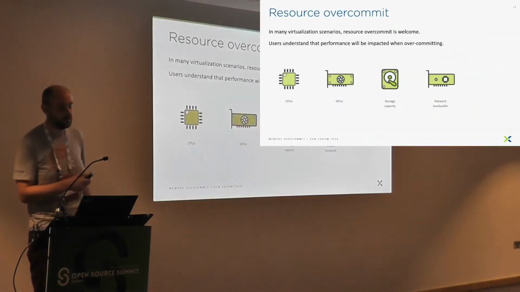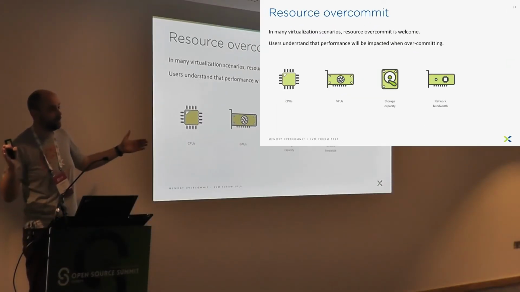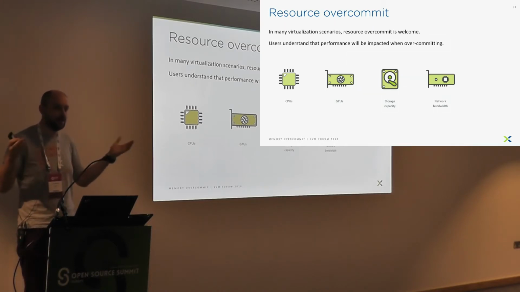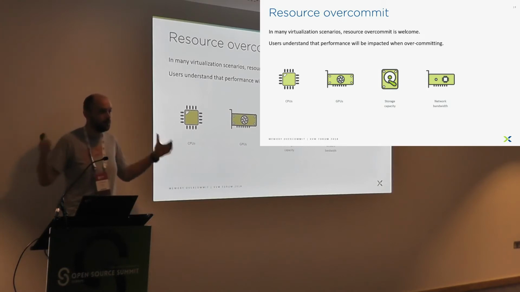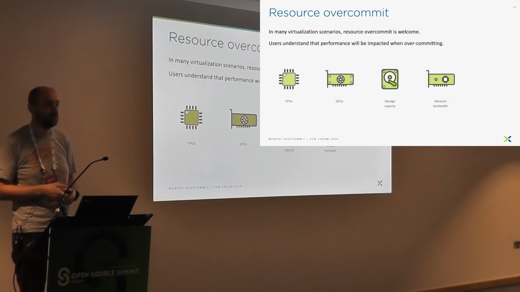So let's get started by thinking more generally about overcommit. Everyone is familiar with the concept of having more virtual CPUs than physical CPUs on a host. And typically people understand what this means. You can fit more virtual machines on a host, but there may be a performance penalty.